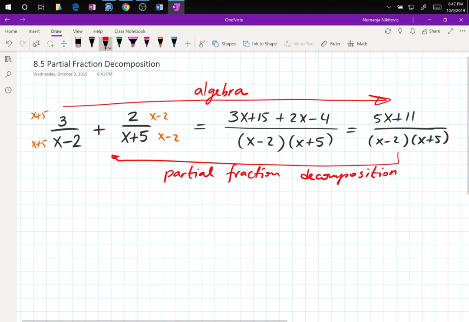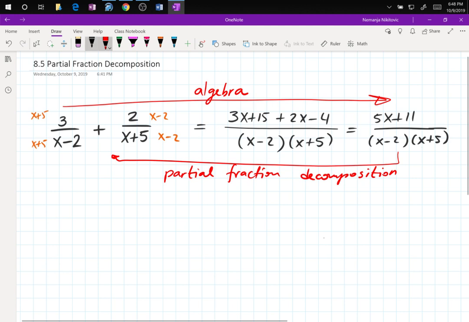And I hope that the name makes sense, because you are decomposing one fraction into multiple fractions, in this case 2, to obtain separate fractions like you have over there. So our goal is to learn to go back.